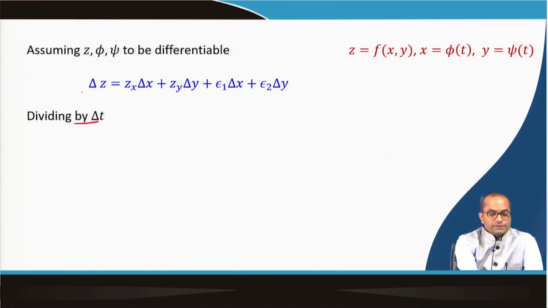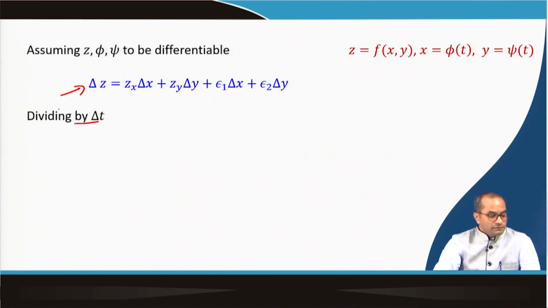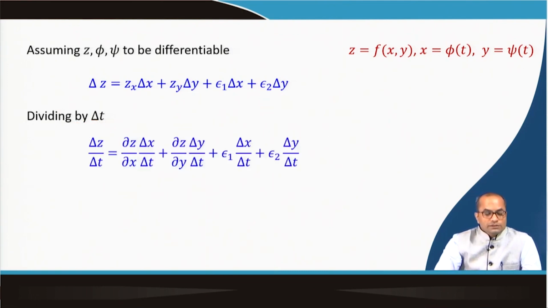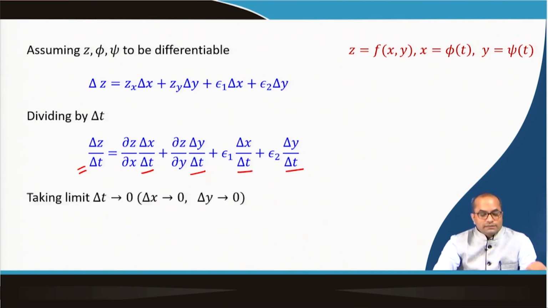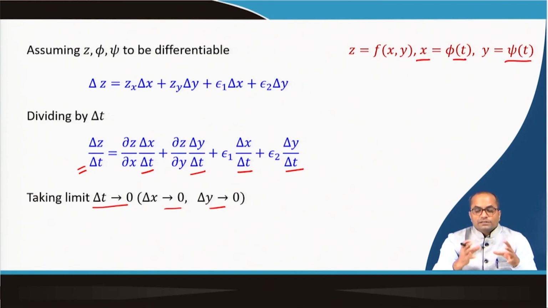So, if we divide this expression by delta t, that variation in t, what will happen, this delta z over delta t, then delta x over delta t, delta y over delta t. And now we let delta t tend to 0, or basically delta x tends to 0, delta y tends to 0, because x is a function of t and y is a function of t, and the variation delta t we are letting go to 0, that means delta x will also go to 0, delta y will also go to 0.